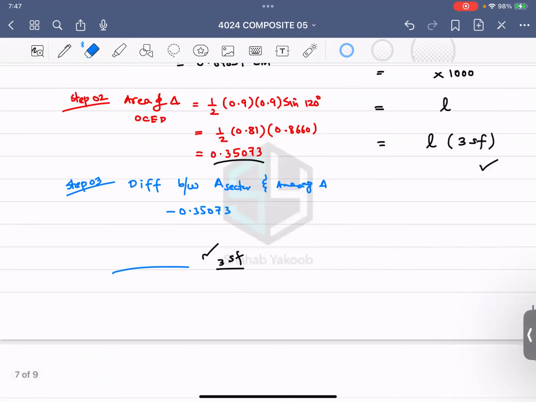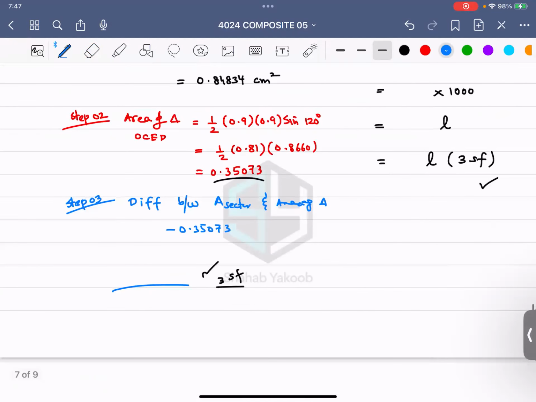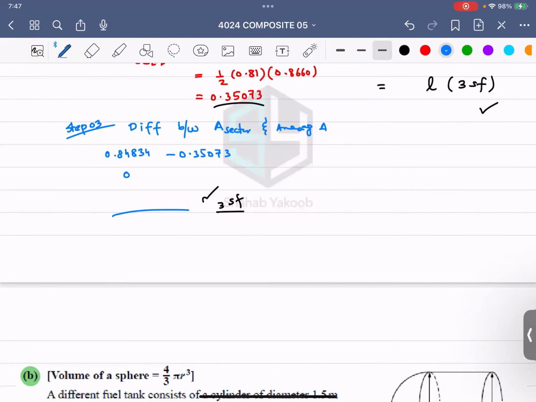So a lot of arithmetic mistakes over here. 0.84834 minus 0.35073. This is 0.49761. This is 0.498, three significant figures. This we will use for the next part.